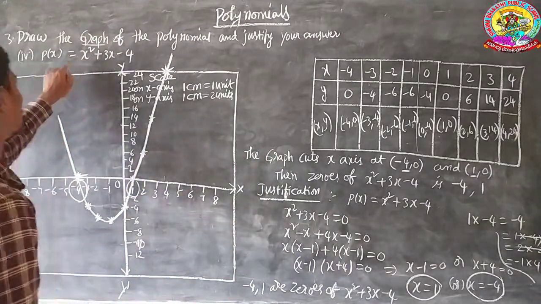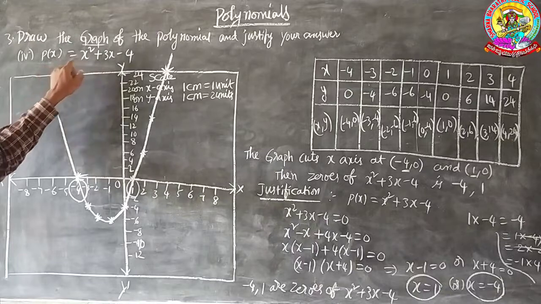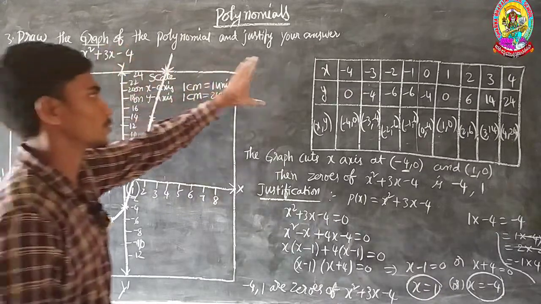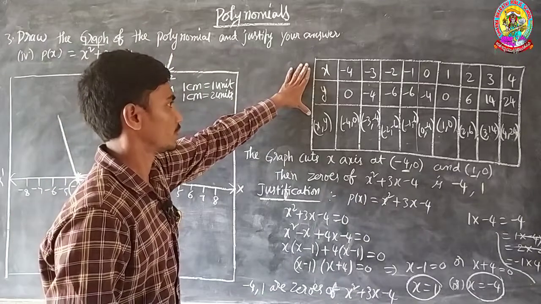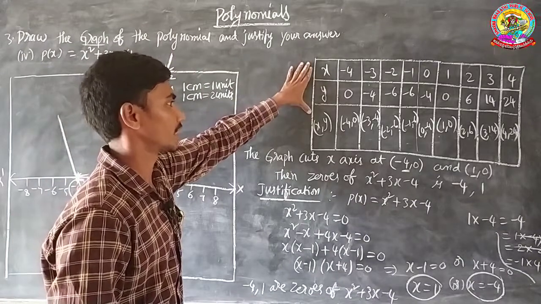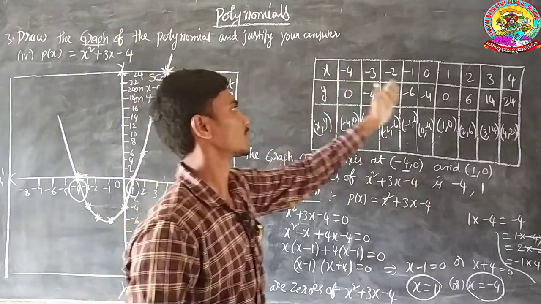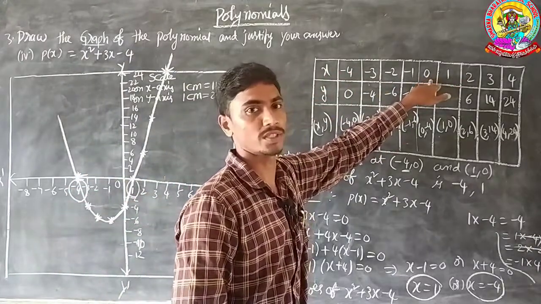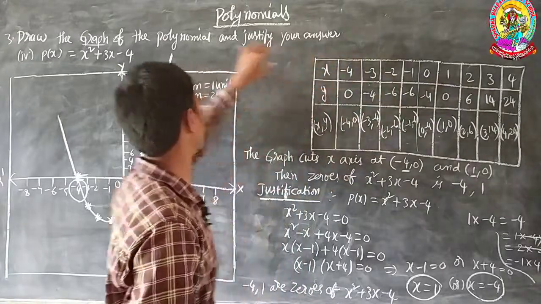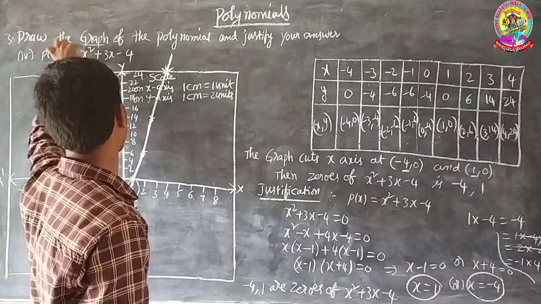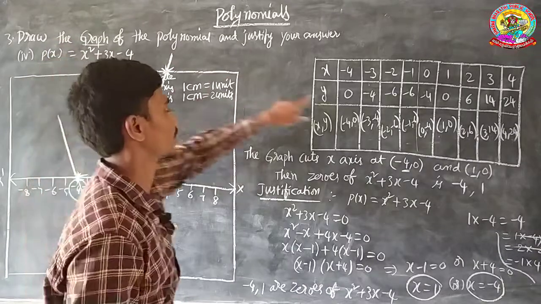First of all, you must equate this with y is equal to x square plus 3x minus 4. Then you have to construct a points table, by simply taking negative 4 points, positive 4 points, and including 0. For each point, if you substitute it in the place of x in the equation p of x, you will get a y value.